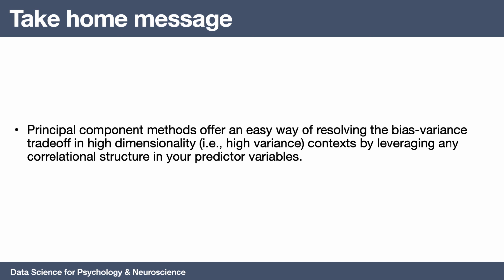Remember, you can recover regression coefficients for all the variables in your data, even if you have a high p relative to n. But that projection will maximally balance the bias variance trade-off because you've learned it in your low-dimensional space. So in this way, these principal component methods offer a really intuitive way of understanding the best form of high-dimensional models.